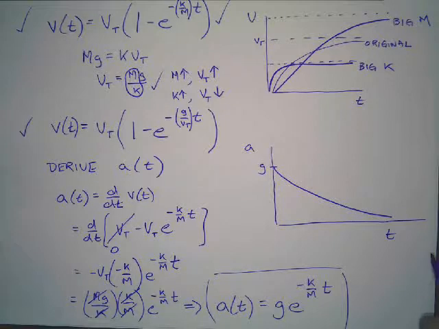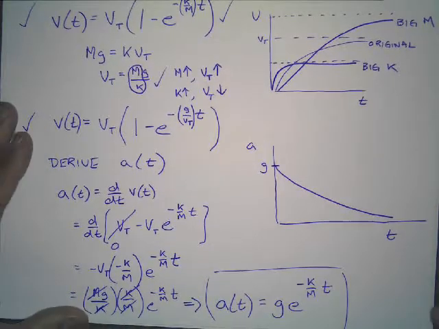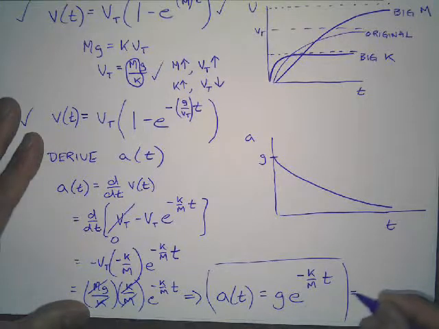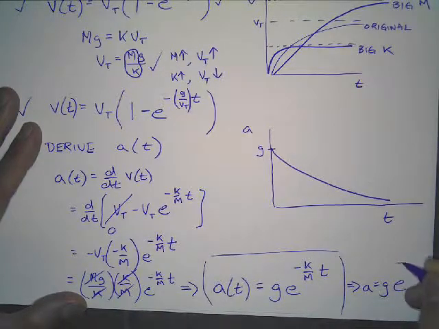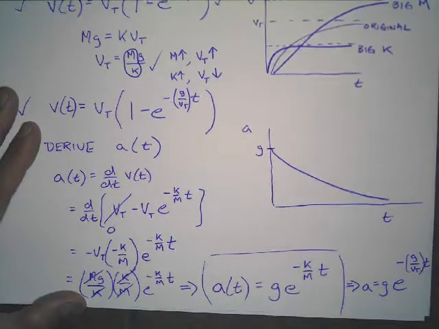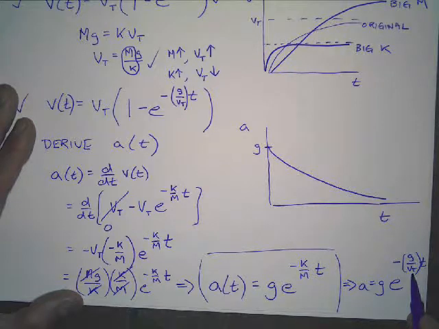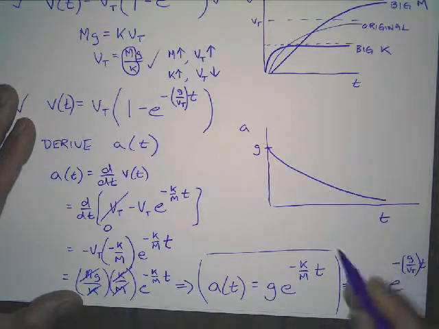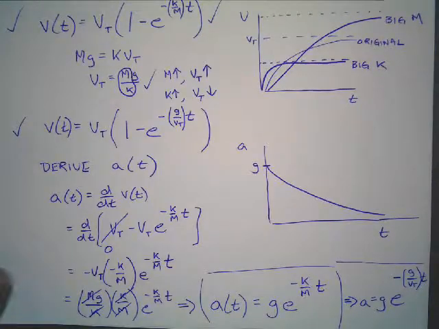And so the acceleration should decrease exponentially as time goes on. Okay, so that is what we have. Again, if you really wanted to, you could rewrite this by replacing k over m with g over terminal velocity. And that also works for the same reasons as we said before. So either way you want to use it, that is your final formula.